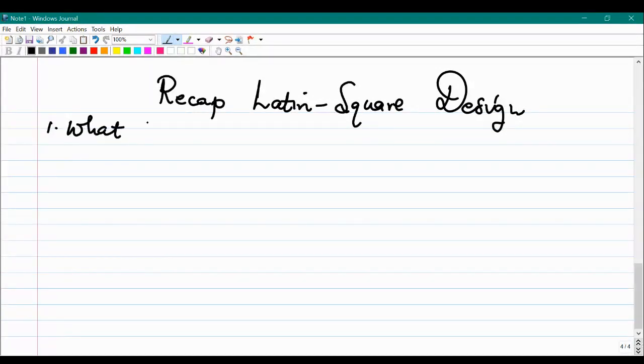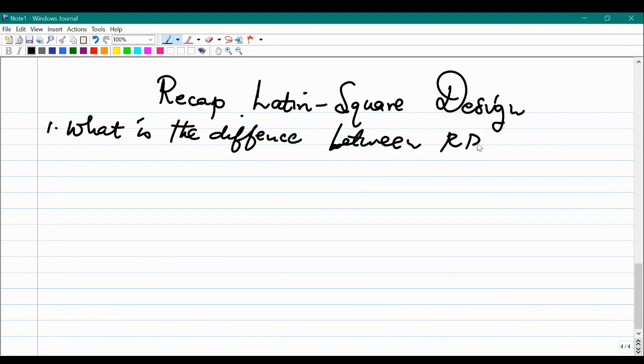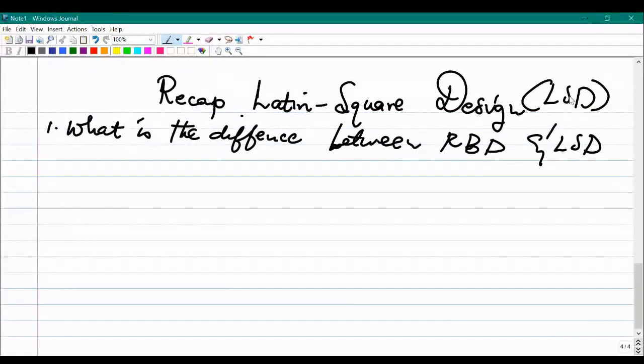What is the difference between this one I'm referring to? It's not LSD like least square difference. Can someone answer that question, please? What is the difference between Latin square design and randomized block design? What is the difference between the two?